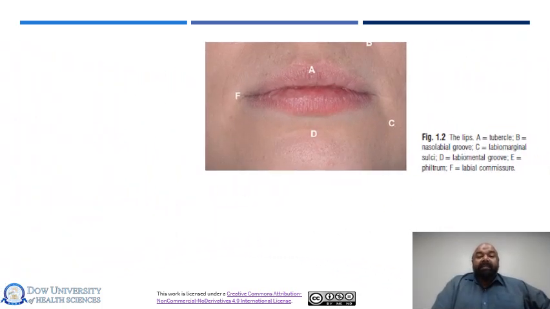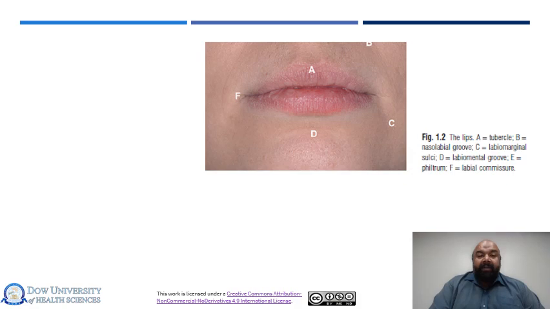So this is how the mouth and lip look, and we'll be looking at the different terminologies. As you can see here, all this area which is encircled by the lips is known as the vermilion zone.